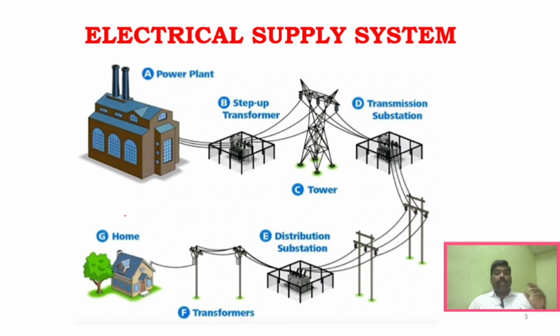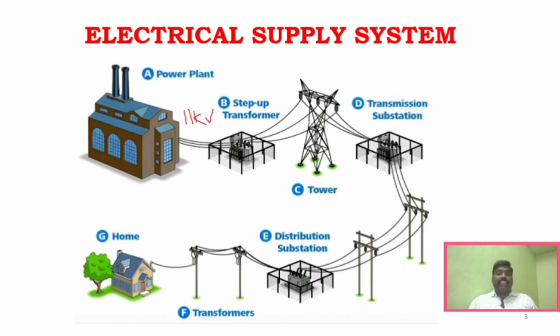So the power plant is situated in that particular place. So the power plant normally will be located in very remote areas where the resources for power generation is high, right? And from the power plant, we generate power. The power will be normally around 11 kilovolt.